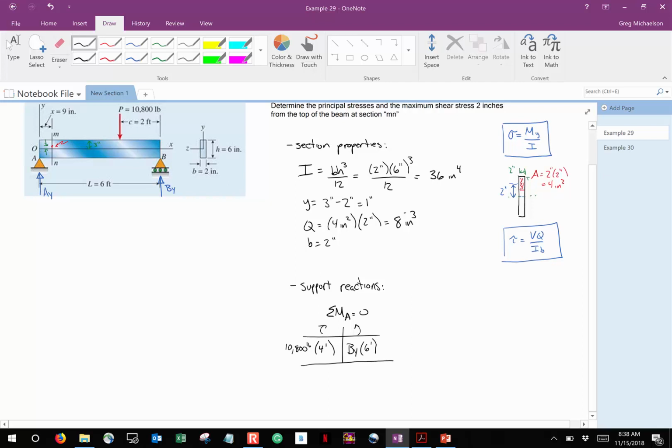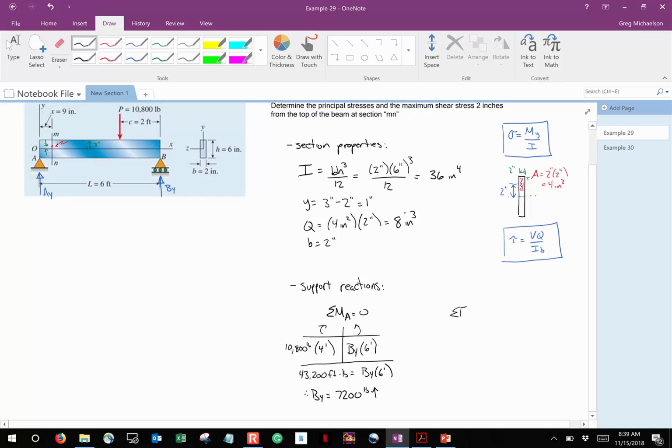So I think it's pretty easy to solve for. 10,800 times 4, that's 43,200 foot-pounds is By times 6 feet. Divide by 6. So we get By is 7,200 pounds upwards.